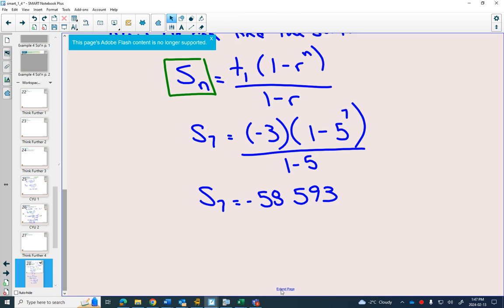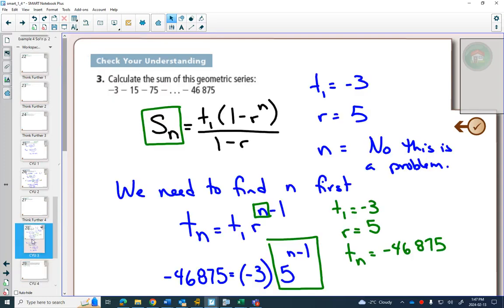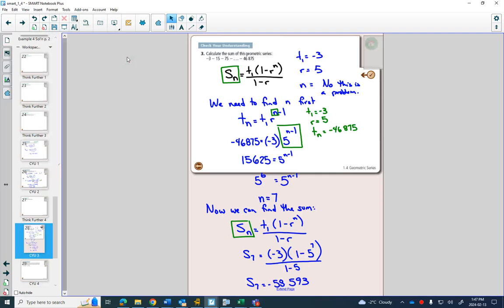So just to recap and look at this whole thing that we've done so far. We wanted to find the sum, so it's going to be natural for you to write out your sum formula. And I put a green box over what I wanted to find.